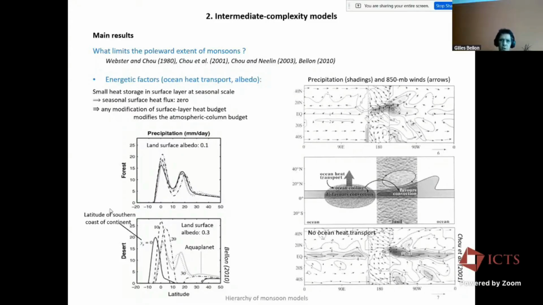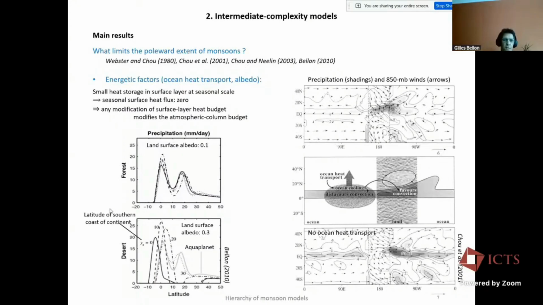Since there is no storage in the land surface, this is energy that is not given back to the atmosphere through the surface heat fluxes. So the atmospheric column above a surface with high albedo is disfavored for convection because it's not getting as much energy from the surface. That's the second energetic factor that was shown to limit the poleward extent of the precipitation, the poleward extent of the monsoon.